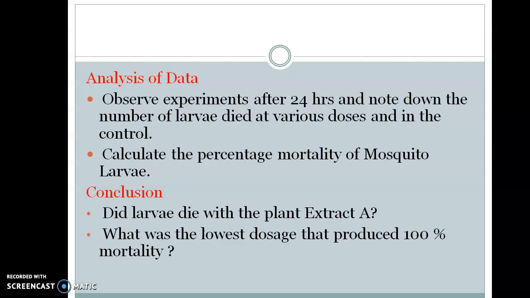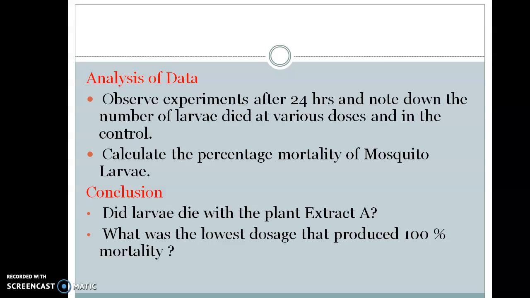Based upon this analysis, we make a conclusion: did larvae die with the plant extract A? This is one of the conclusions. And what was the lowest dosage that produces 100% mortality to this particular mosquito larvae? So that's all about the conclusion.